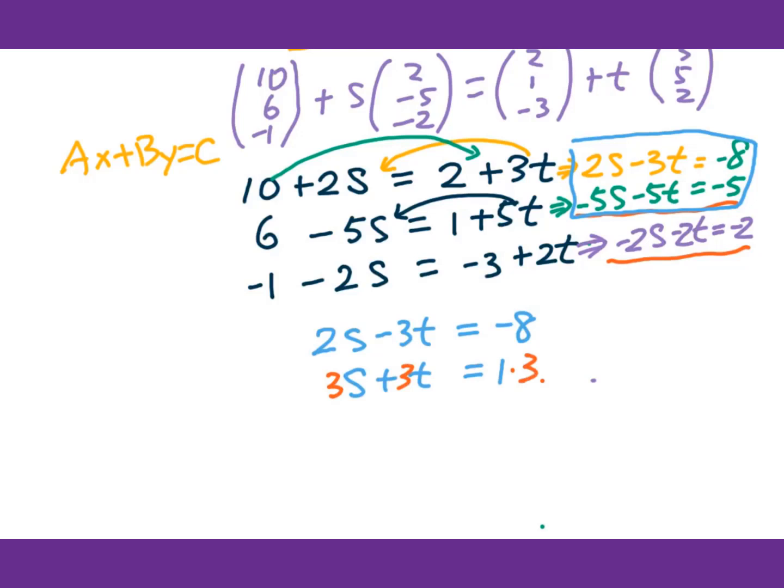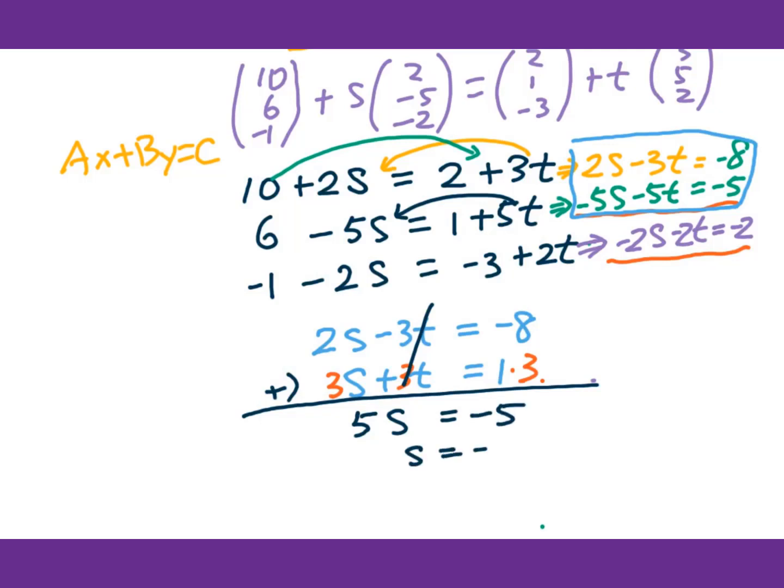The reason I do that is I can make opposite variables here. So I get 5s equals negative 8 plus 3, which is negative 5, s equals negative 1. As long as you get one solution for any variable, that's enough.